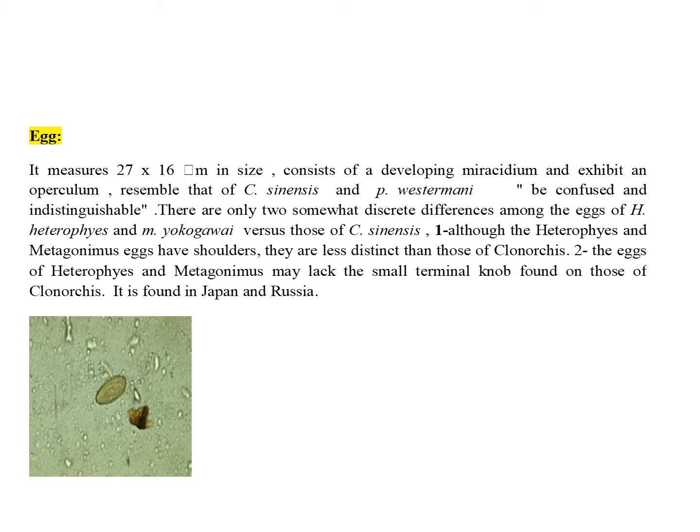Second, the eggs of Heterophyes and Metagonimus may lack the small terminal knob found in those of Clonorchis. Sometimes it may be lacking, not prominent.